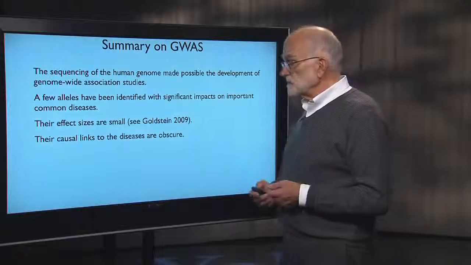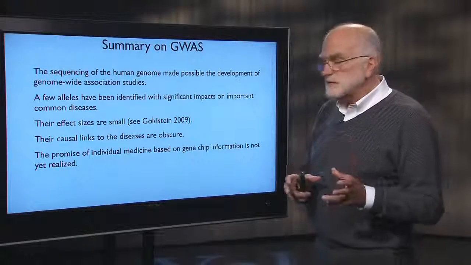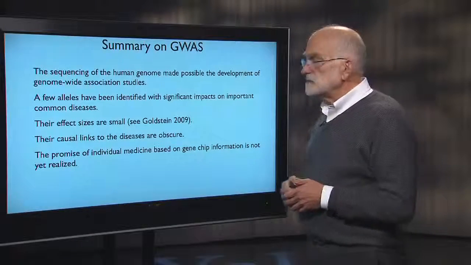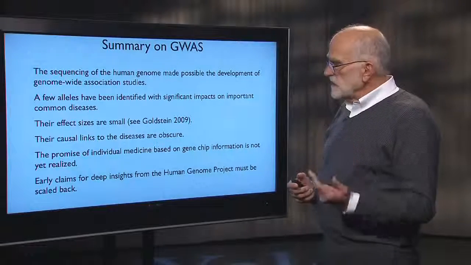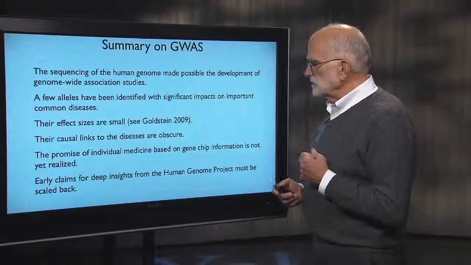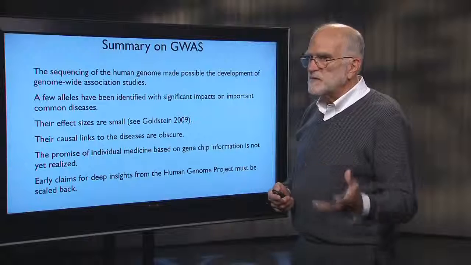Their causal links to the diseases are obscure, and that means that the promise of individual medicine based on, say, gene chip information is not yet realized. We have to scale back our expectations of the Human Genome Project. It gave us a lot, but it certainly didn't give everything that was hoped for.